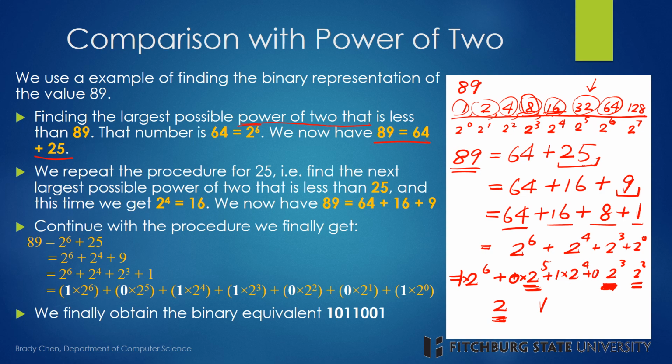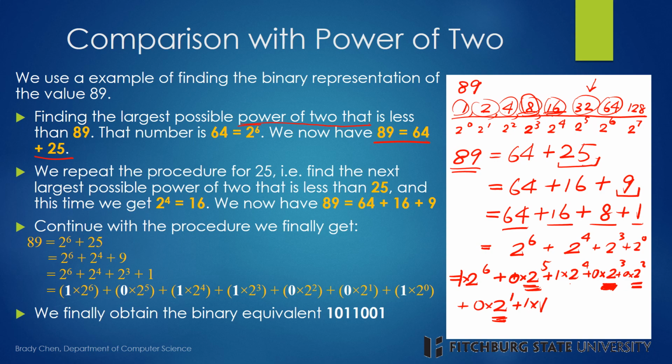Then we can say it's 0 times 2 to the 3 plus 0 times 2 to the 2, which is 2 squared, right? And then plus 0 times 2 to the 1 and plus 1 times 1, which is 2 to the 0, right? So we can actually write 89 in terms of the sum of the powers of 2.